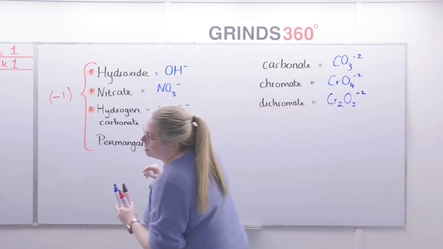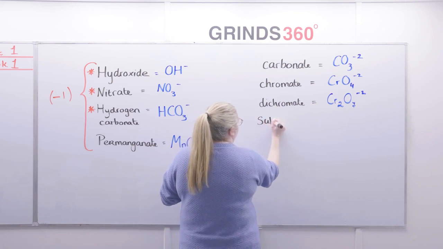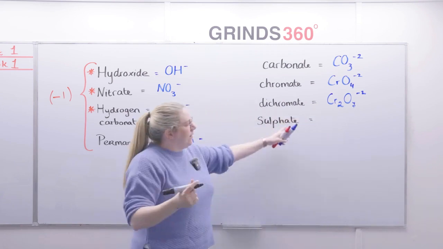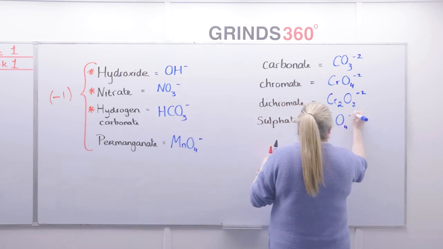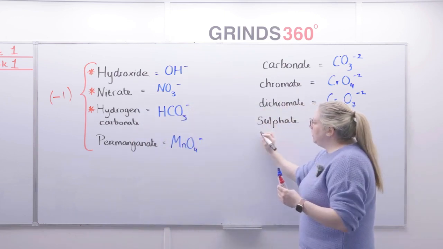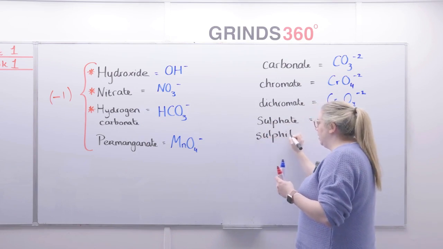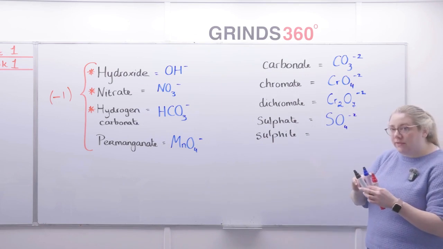Now, after that, I'm pretty sure we went to sulfate. We did. So sulfate is sulfur plus oxygen, which would be SO4 minus 2. And the next one is sulfite. Be careful of this one. In sulfite, the ITE also signifies oxygen.